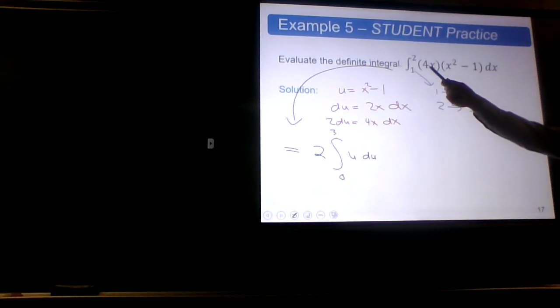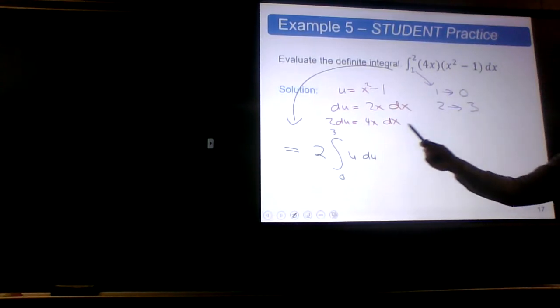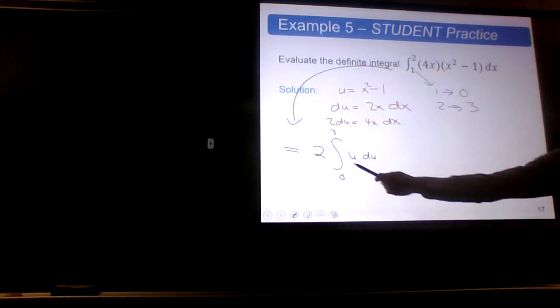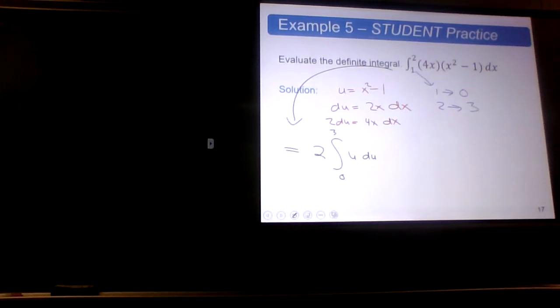What are we putting in for the 4x dx? 2 du. So that's where the 2 is and the du. And I hope you guys understand why the 2's in the front. We don't need to leave it in the integral. What did I do with this x squared minus 1? Well, that's the u, isn't it? Or if you wanted to, you could even say it's u to the first. 1 changed to 0, and 2 changed to 3.